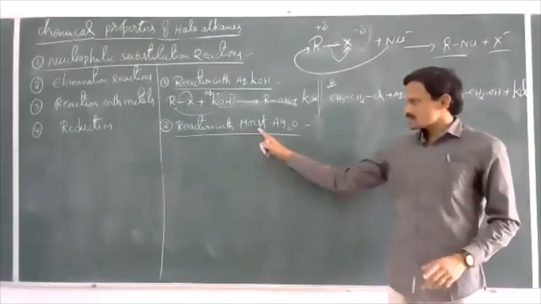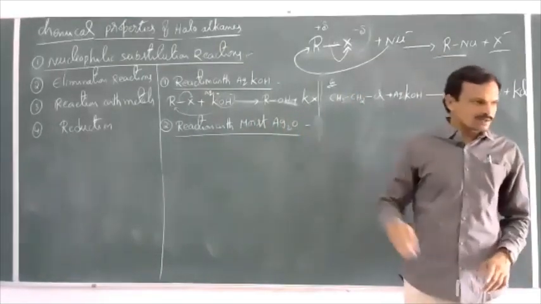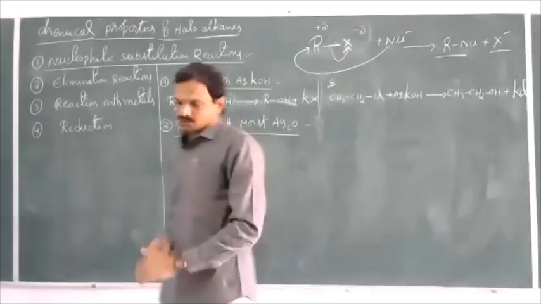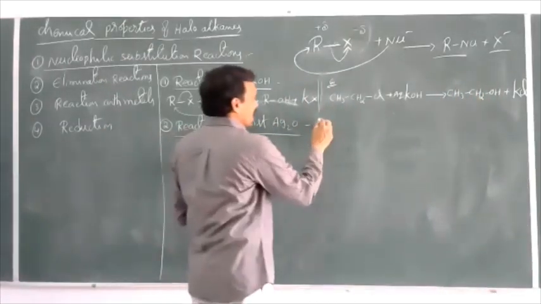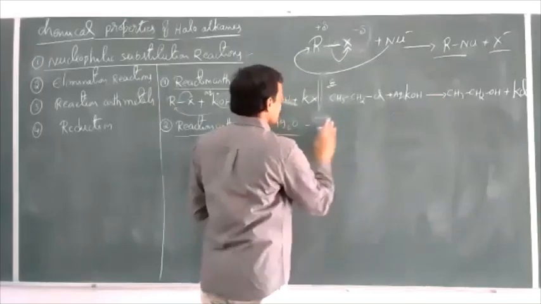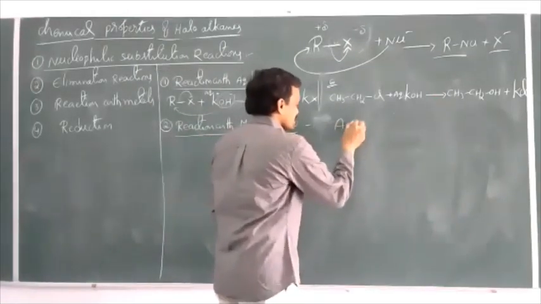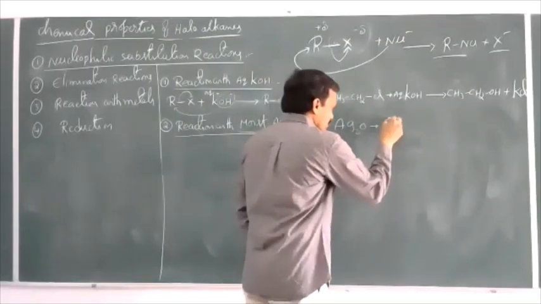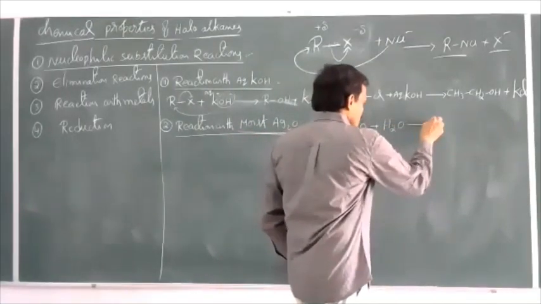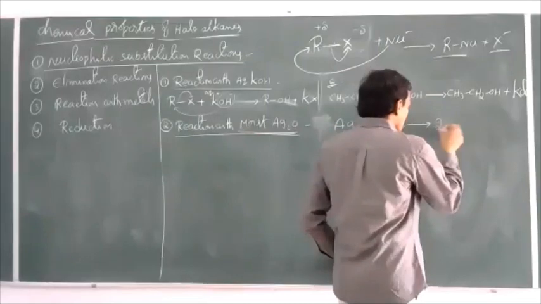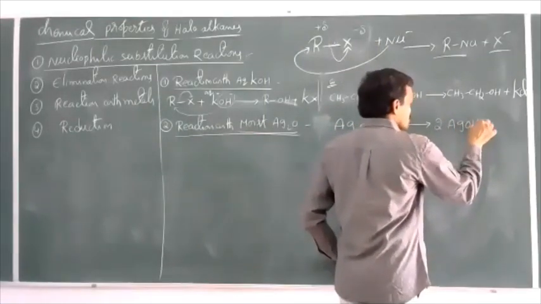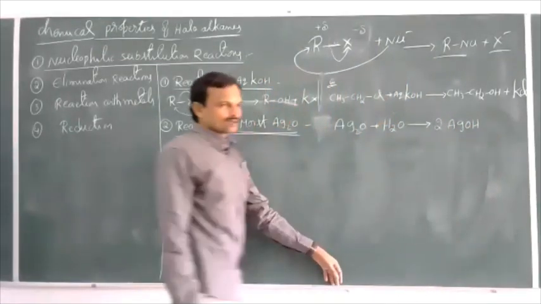One is moist silver oxide, one more is dry silver oxide. Both examples I'll explain here. What is this moist silver oxide? Ag2O dissolves in water, there is moisture, and it forms 2 moles of AgOH. This is moist silver oxide.